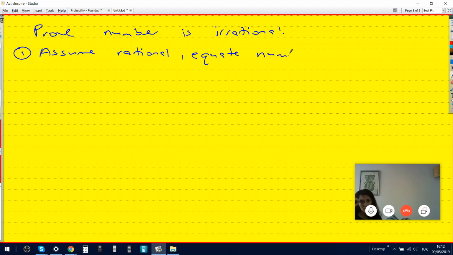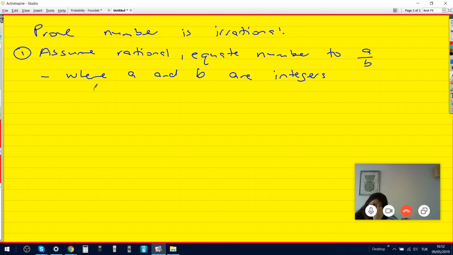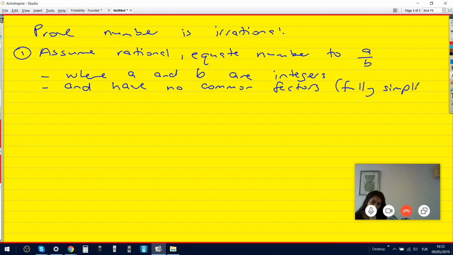Equate the number to a over b, where a and b are integers and have no common factors, so they're fully simplified. Square both sides.